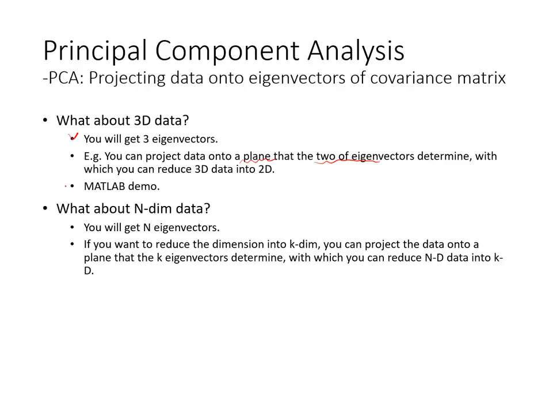I'm going to show it in a MATLAB demonstration. And if it was n-dimensional data and you want to reduce it to k dimensions, you can also project the data onto a plane that k eigenvectors determine, and it'll give you the reduced data in k dimensions. Okay, that was for the PCA, and I'm going to give you a MATLAB demonstration of 3D PCA into 2D.